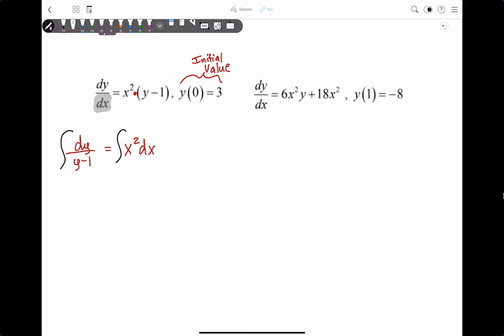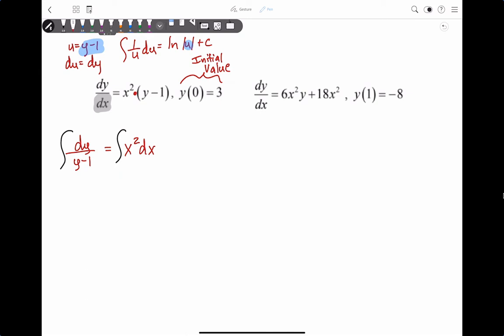So integrating the left side, I know it's been a while since we've done this, but u substitution says y minus 1 is our entire u, so that du is just dy, okay? So if I'm looking at substituting this, this is like a form of 1 over u du, which is the natural log of the absolute value of u plus c technically, and then we would resubstitute this piece right here for u, okay?